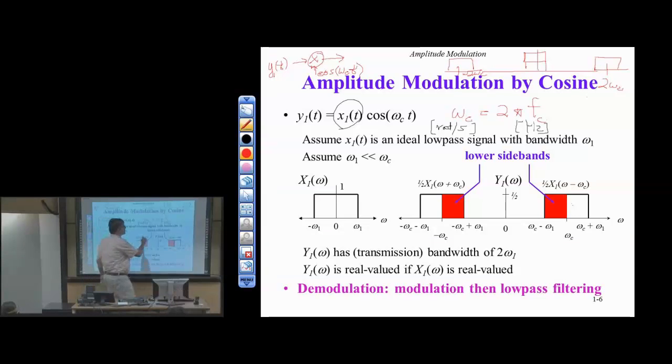So again, this is the Fourier transform of y1 of t times cosine omega c of t. So the rest of the story then is I need to apply a low-pass filter, and what I get out is an estimate of x1, which I will call x1 of t with a hat.